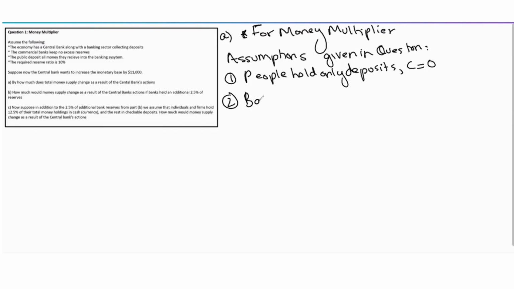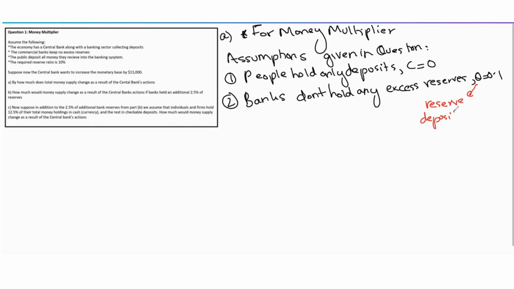Second, banks don't hold any excess reserves, so theta is equal to 0.1, where if we recall, theta is our reserve deposit ratio. And 0.1 is the required reserve ratio imposed by the central bank, because in this case they're not keeping any excess reserves. They're just keeping the reserves set by the central bank.